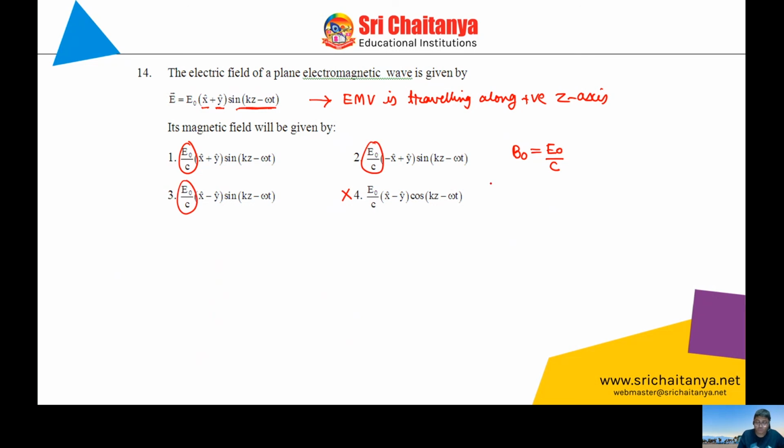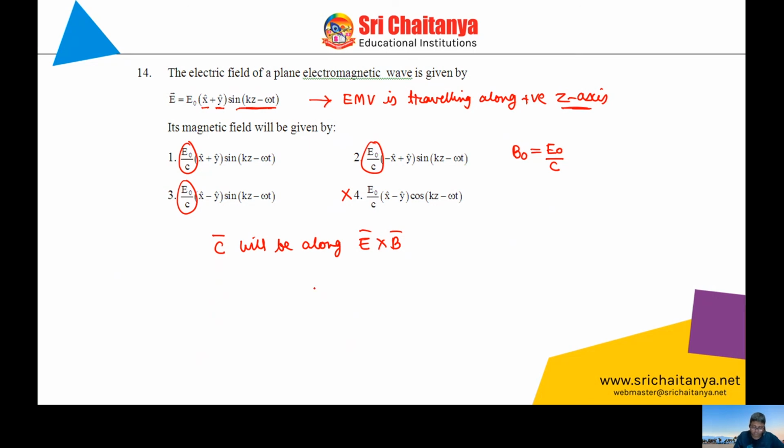The only thing that will help us is the fact that the velocity vector C bar will be along E cross B. So we have to choose the direction of oscillation of the magnetic field such that E cross B is along C, and C we have already seen is moving along the Z axis.